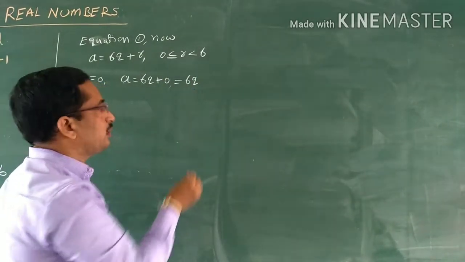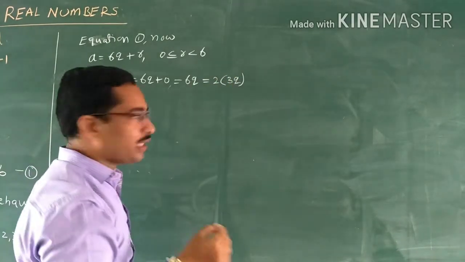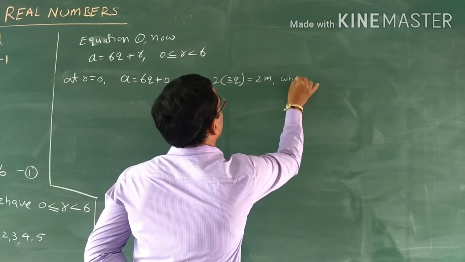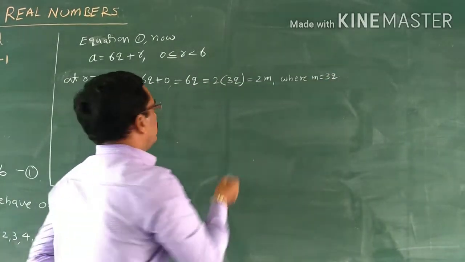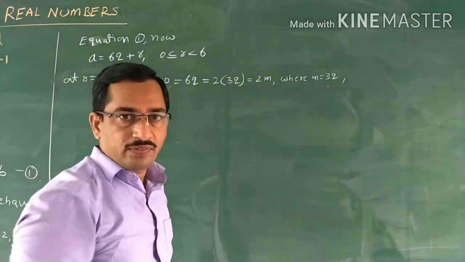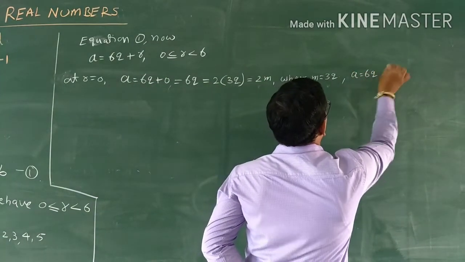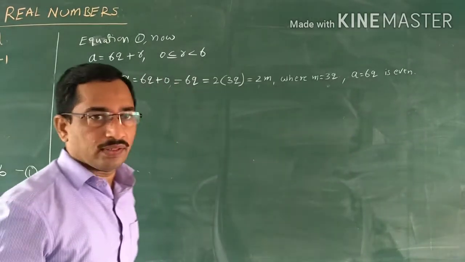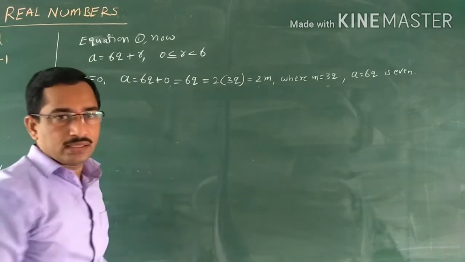Now split the 6 as 2 into 3, 2 into 3q. Taking 3q as m, a equal to 2m. It is in the form of an even number, 2n, so a equal to 6q is even. We are representing even numbers with 2n or 2m, so a equal to 6q is even.